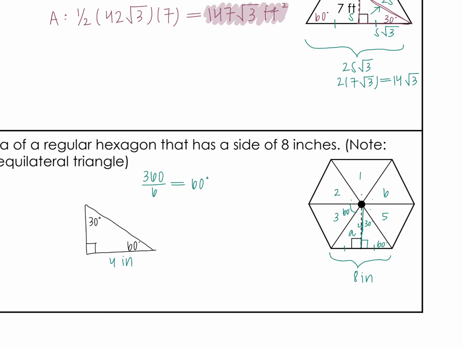So using my ratios, I have my S root 3, and then 2S. So since my S is 4, I can use substitution to figure out that my apothem is going to be 4 root 3. So my apothem is equal to 4 root 3, and our units are inches.